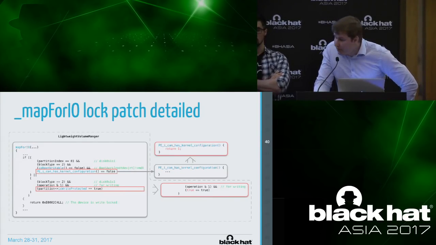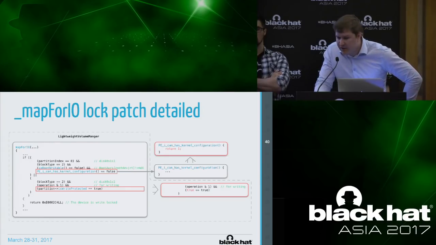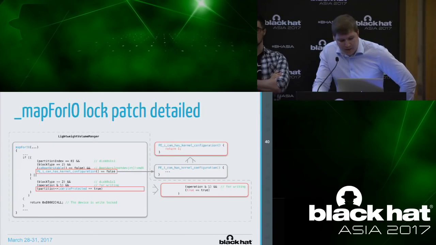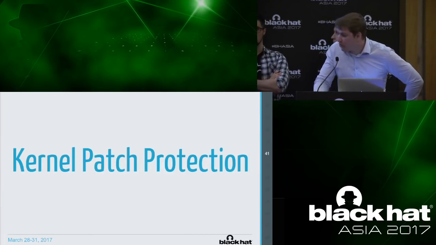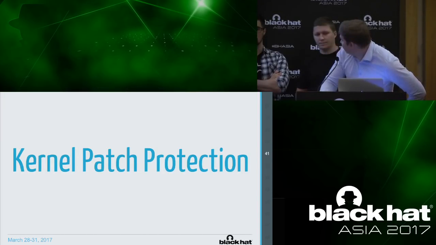And the second check is the write protected flag of the partition class. So you can patch this byte directly, or you can just patch this check. But for that you need to bypass kernel patch protection. It's the next big topic, and Alex will explain it to you.